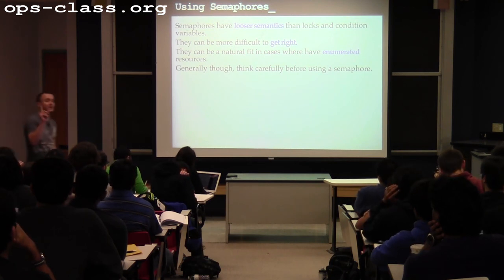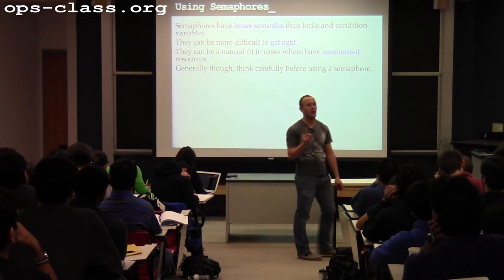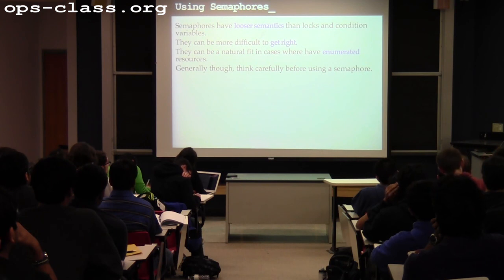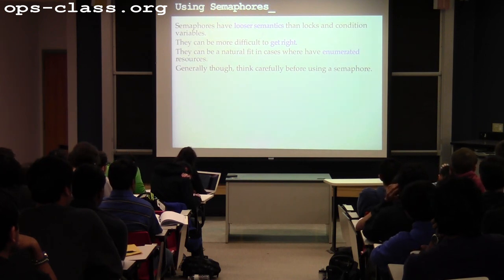There is one place in the code where some of you clever programmers will find a use for a semaphore, and it's kind of exciting, like, wow, I could use a semaphore. But it's not very common. Most of the time, you're going to be using locks and condition variables. Those are locks, really, more than anything else. Semaphores are not a particularly common synchronization primitive to use.